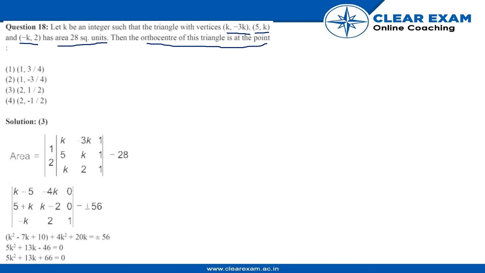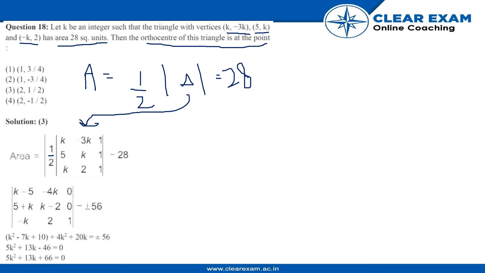So let's just start with computing the area and the things which are given to us. We can straight away apply the formula of area for a triangle, that is half of the determinant, which is already given to us as 28 square units, and we will have to simply open the determinant.